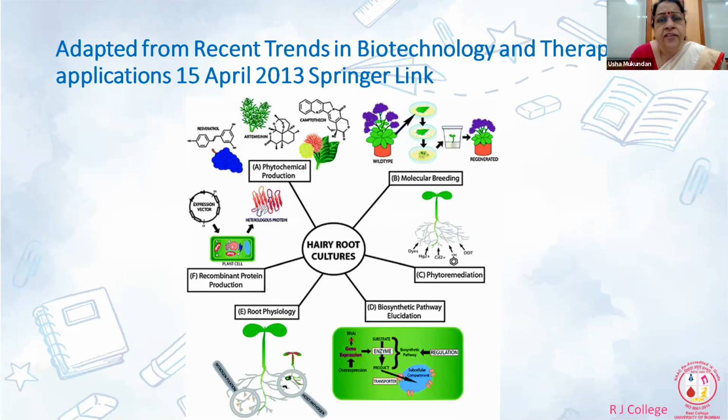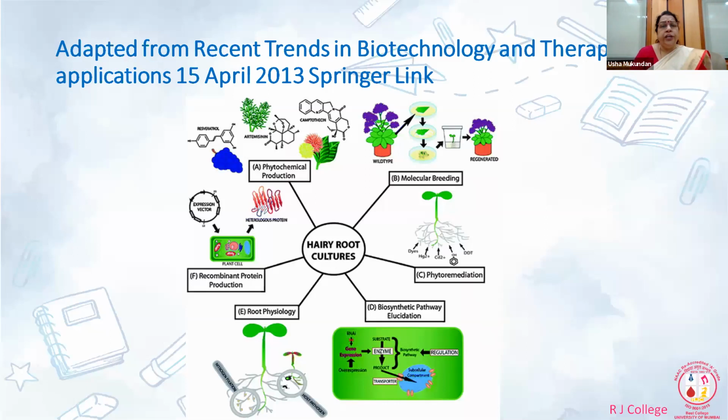There are many plants which can propagate through roots, right? So you can use this Agrobacterium rhizogenes for transferring certain genes into the plant so that you get transformed transgenic plants. So, molecular breeding.